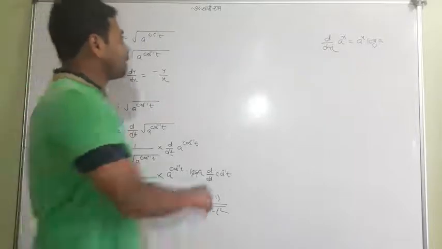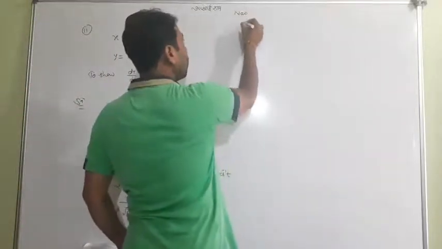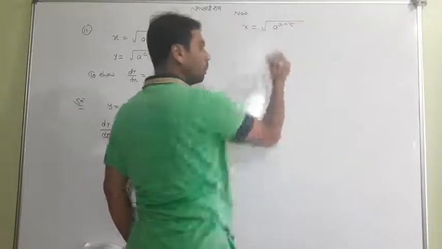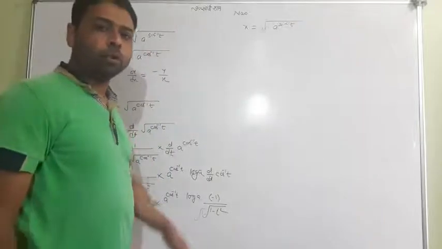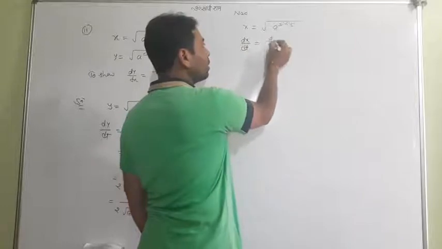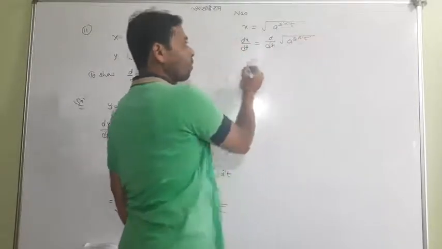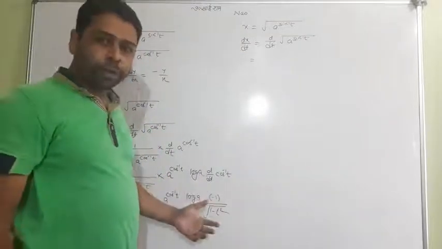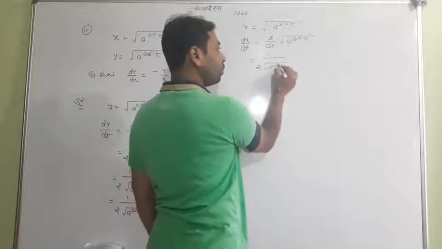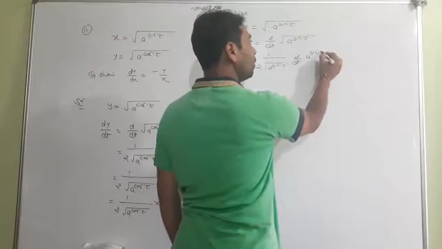Similarly, I'll go with x. Now x is a to the power sin inverse t. The question is nothing special, so I'll do the same without wasting any time. 1 upon 2 into the same, again differentiation of a to the power sin inverse t.